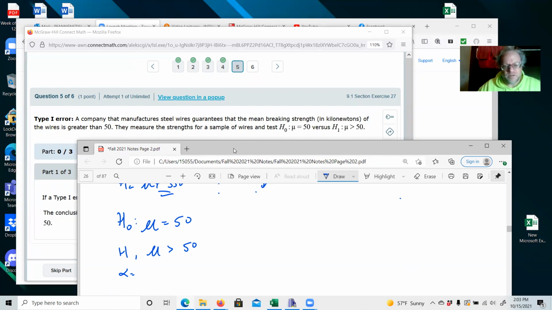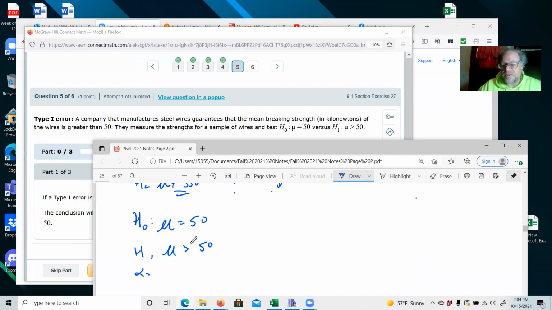I don't know why we would be trying to do that. We would actually be looking at the other side. If we were quality control, we would be worried that, like, nobody's going to complain. If your steel wire is like, hey, the breaking strength is 50, nobody's going to complain, hey, your wires are too strong. Unless you're cutting them or something, but no construction person has come by and said your wires were too strong.